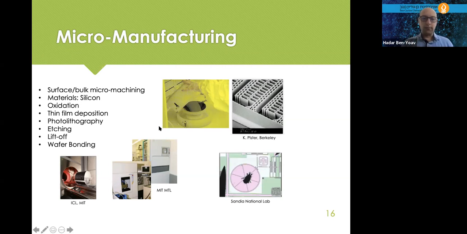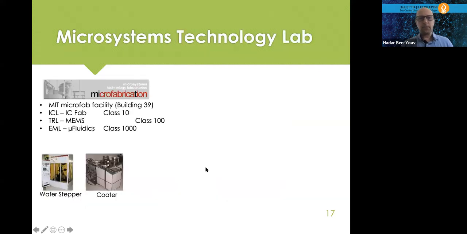learn soon. Every university or institute has its own place to manufacture these devices. MIT, Stanford National Labs, I'm sure also in China. These are labs called microsystem technology labs, where these facilities are present in a clean room.